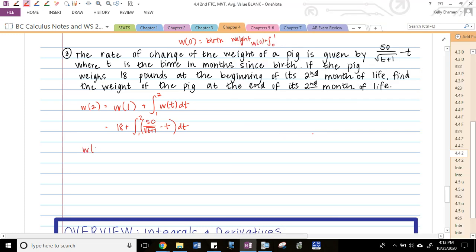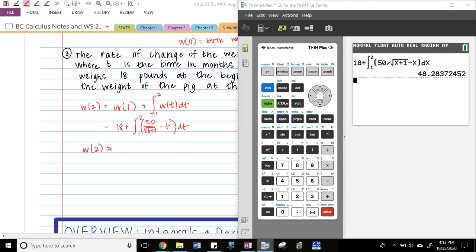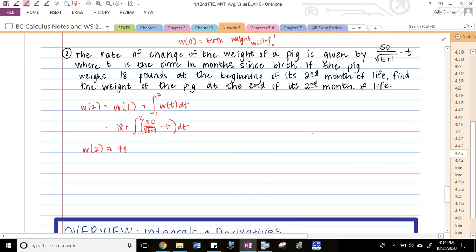So W of 2 is about equal to 48.284 pounds.